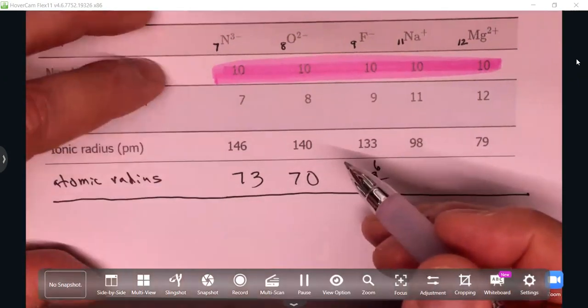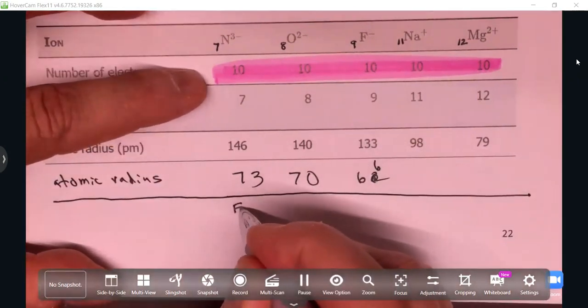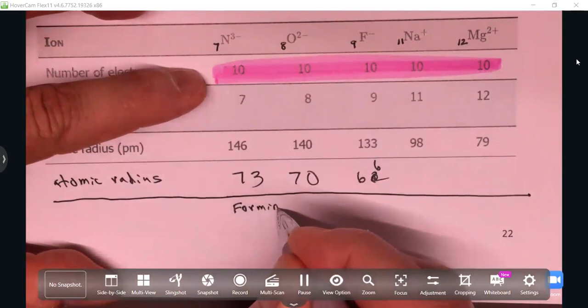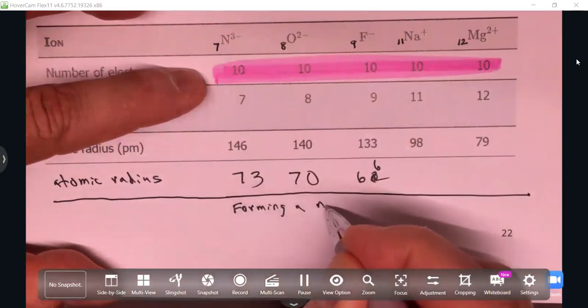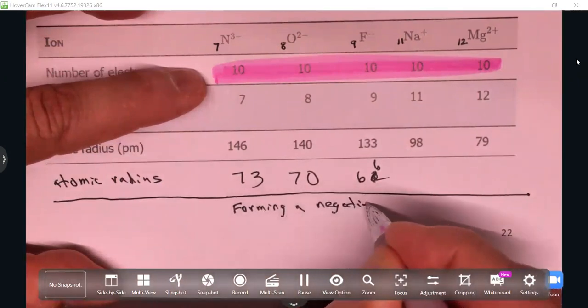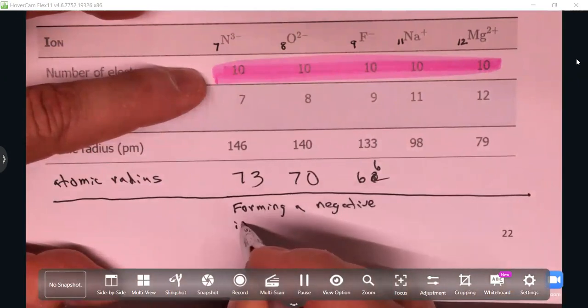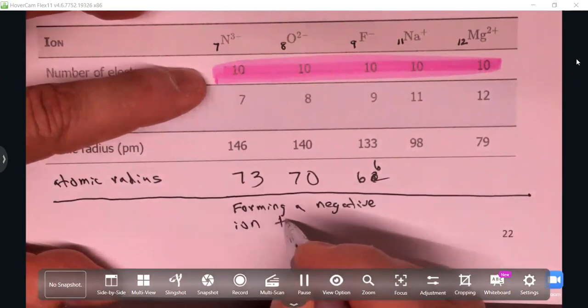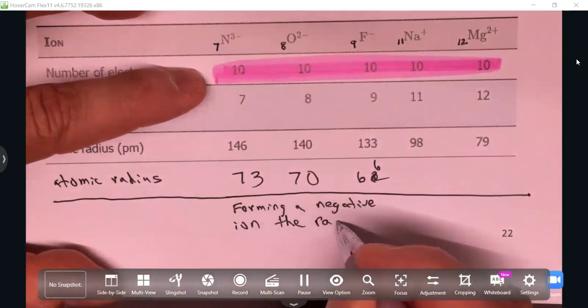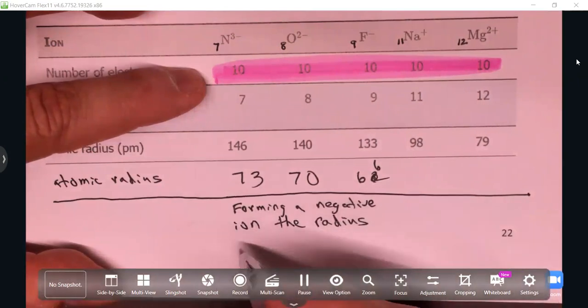Again, forming a negative ion, the radius approximately doubles.